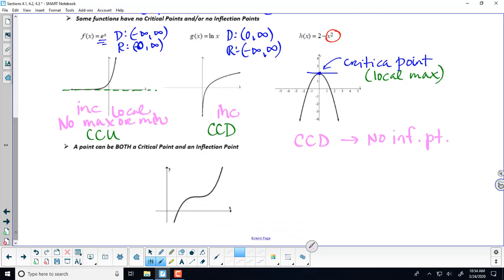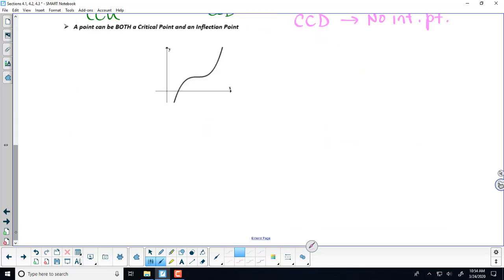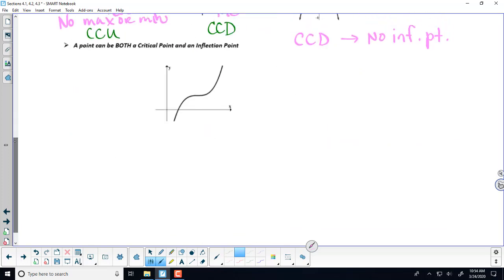All right, or we've seen this several times, a point can be both a critical point and an inflection point. So right here, I know that it is a critical point because the slope of the tangent line is 0. So it's a critical point since the slope is 0.